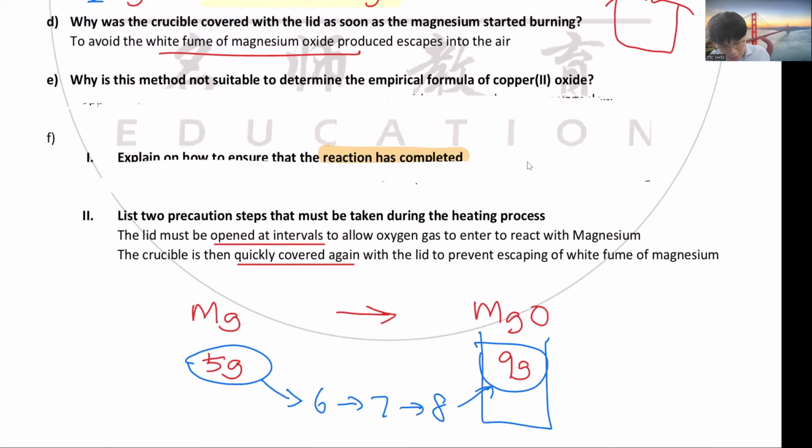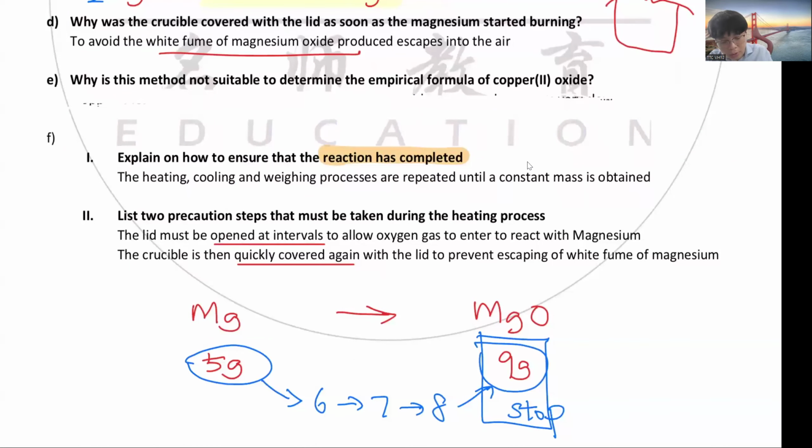But when it reaches 9 gram, the increase will stop here, which means the reaction is complete. This is the question they always ask in the exam. The heating, cooling, weighing process is repeated until you get a constant mass, meaning the mass becomes constant here.